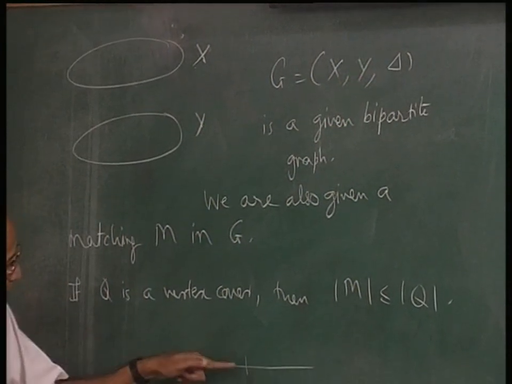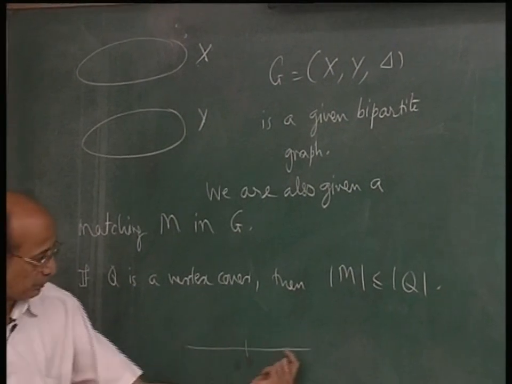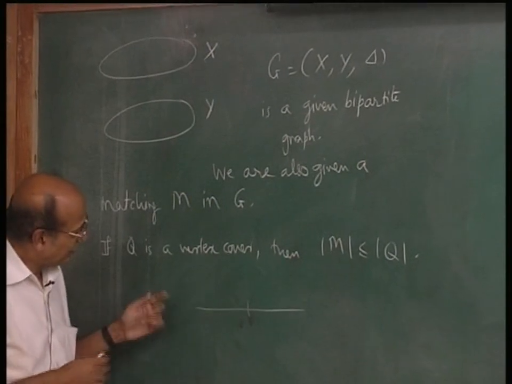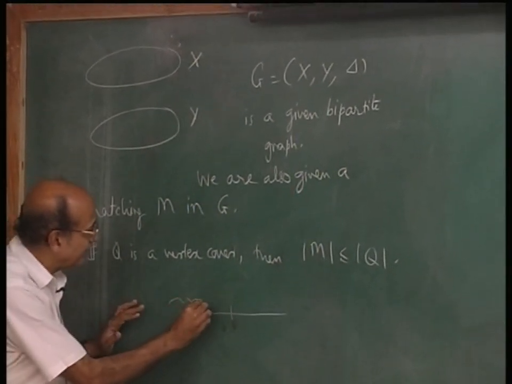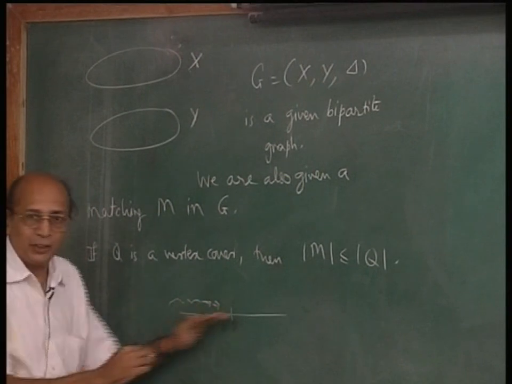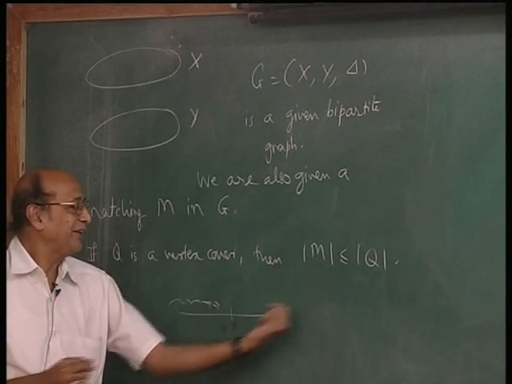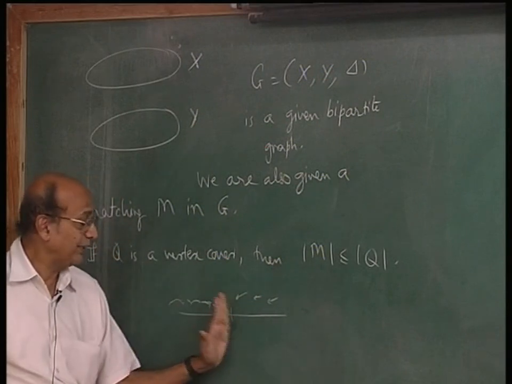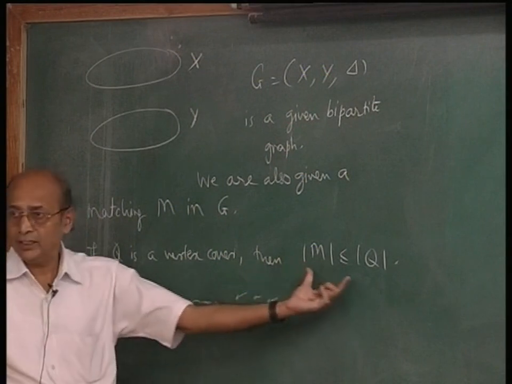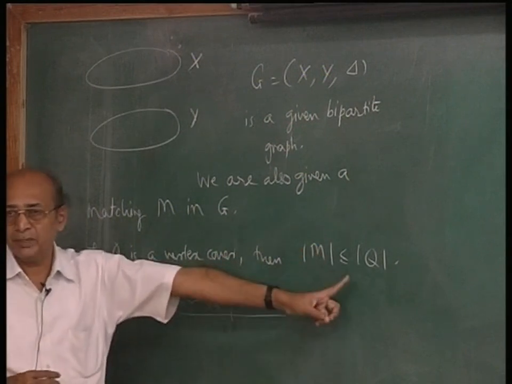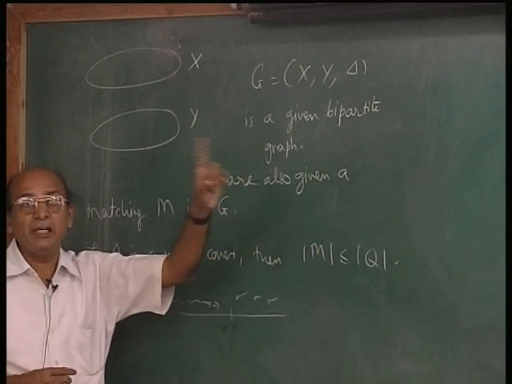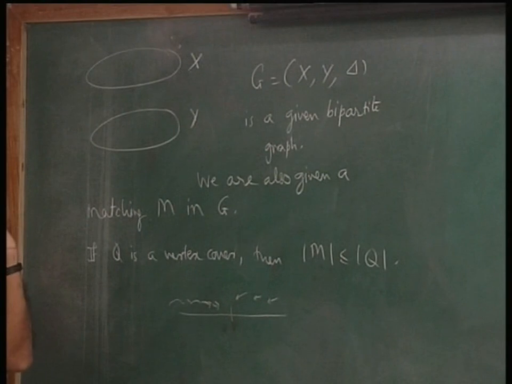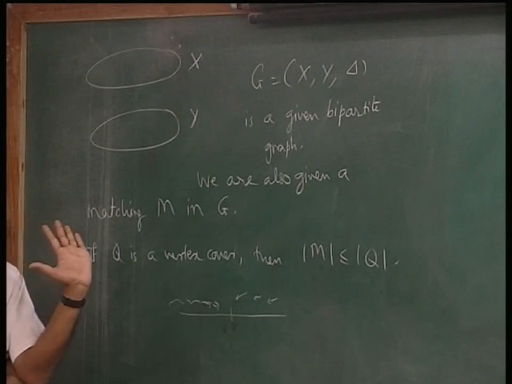There are people approaching that point from the left and people approaching that point from the right. Whether you ask people running from the left going right, or running the other way, going left, you will get to the same point where the equality holds. That matching will be a maximum matching and that cover will be a minimum cover. Is that clear? This is quite a strong statement.